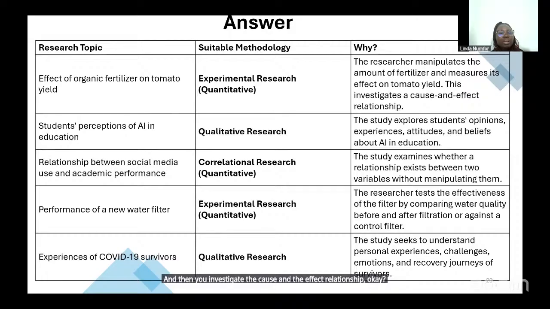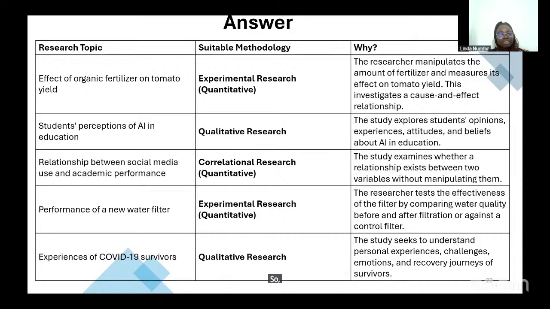Now, for number two, students' perception of AI in education. Qualitative. I think nearly everyone also got this. The study will exploit students' opinion because you want to get the person's belief, the person's feeling on what he has to do, and it could be descriptive.